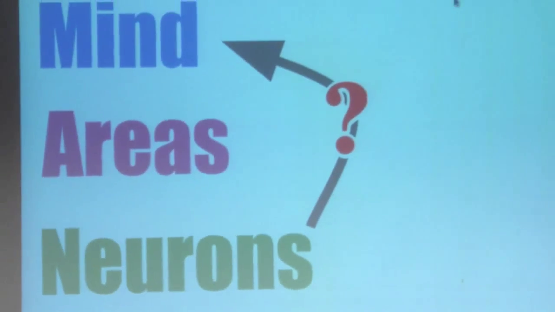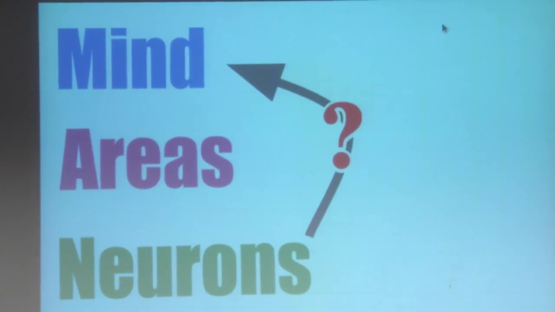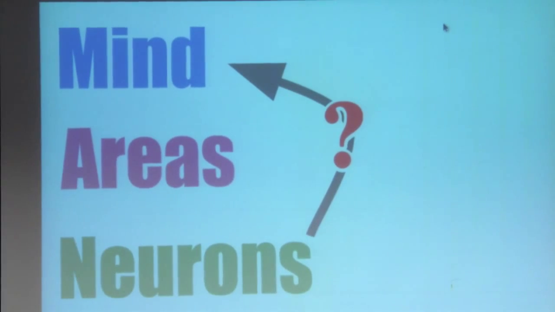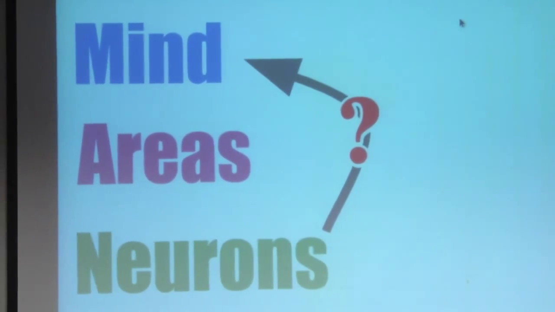The overarching question that we are trying to answer from the very high point of view is how does the mind as experienced by our subjective self arise from the interaction of these neurons, or if you prefer, from an objective point of view, how does your behavior arise from these interactions?